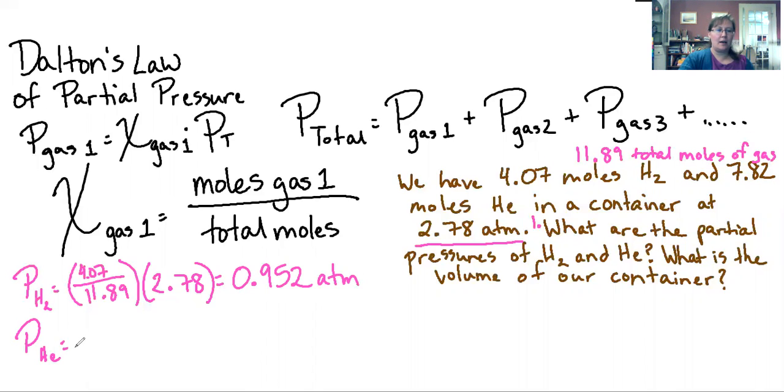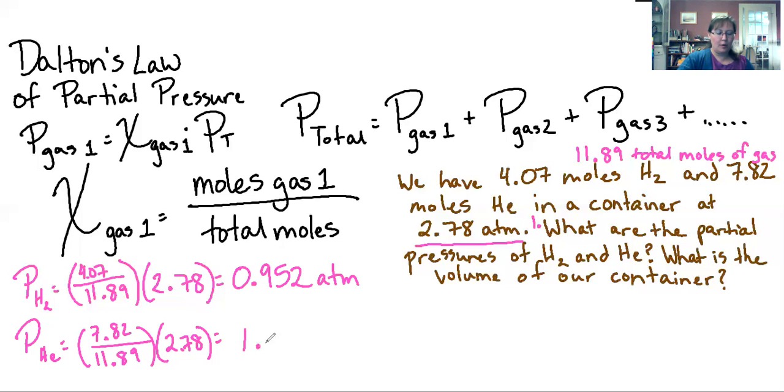That's based on our moles helium, 7.82, divided by our total moles, 11.89, times the total pressure in our chamber, 2.78. I can have 3 significant figures, but I'm going to break the rules a little bit and go with 4, and you'll see why in a minute.